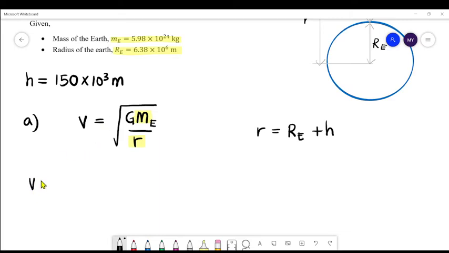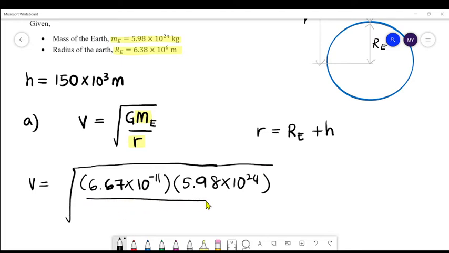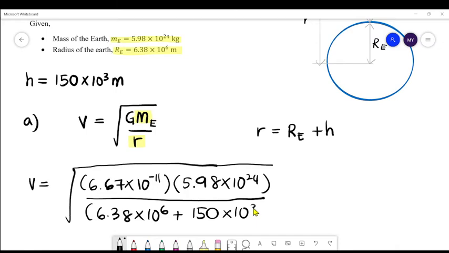So v is equals to square root of 6.67 times 10 to the power of negative 11, the gravitational constant, times mass of the Earth is 5.98 times 10 to the power of 24 kilogram, over the distance is radius of the Earth 6.38 times 10 to the power of 6 meter plus the height 150 kilometer.